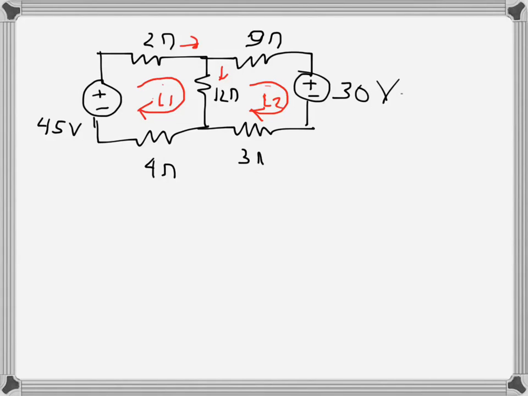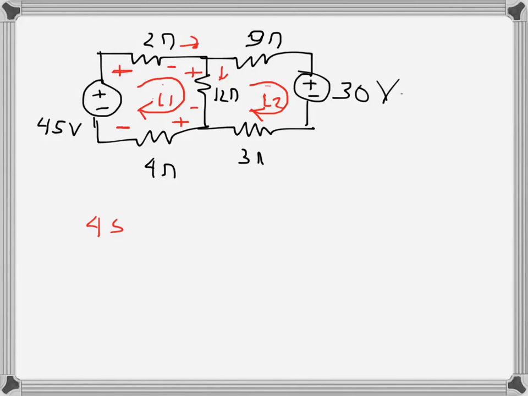Once we have assigned the currents, we write the KVL equations for each of the loops. So loop 1, which is this one, we have to write the drops like this, because the current is in the counterclockwise direction.